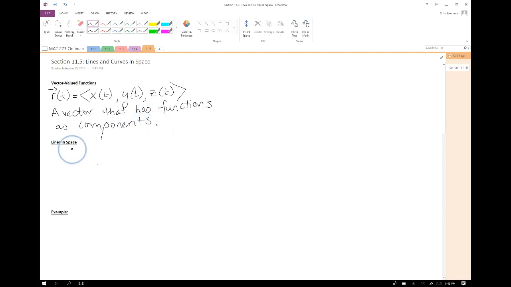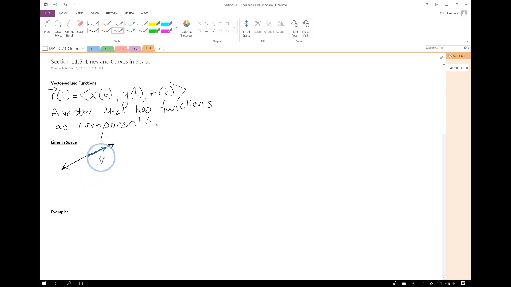The most basic type of vector-valued function is a line in space. In order to write the equation for a line in algebra class, we had to have the slope and a point on the line. Well, slope in three-dimensional space would be equivalent to having a direction vector. The components for a direction vector describe how our coordinates are changing in the x, y, and z directions.